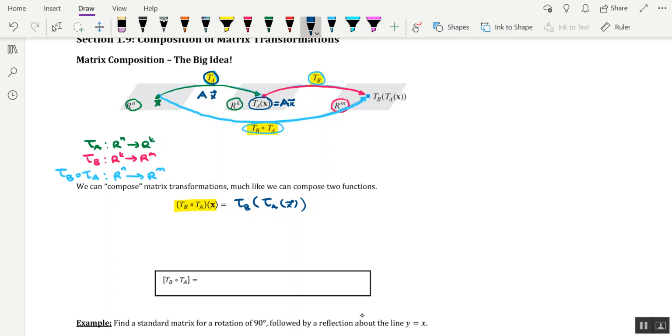T sub B is going to take A times x and matrix transform it to get our resulting composition. In order to transform A times x under the matrix transformation T sub B, I have to left-hand multiply Ax by the matrix B. So this looks like B times Ax. And when all is said and done, the composition is really just B times A times the vector x.